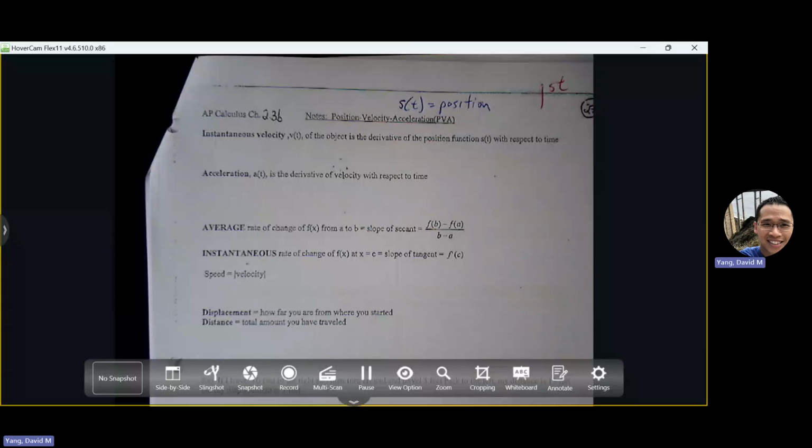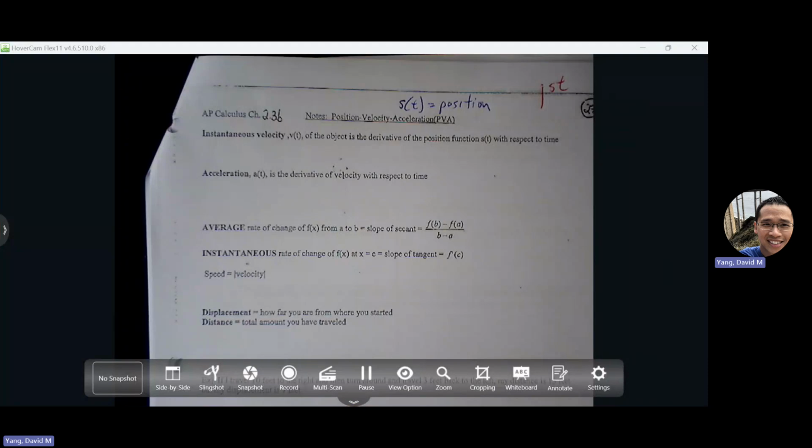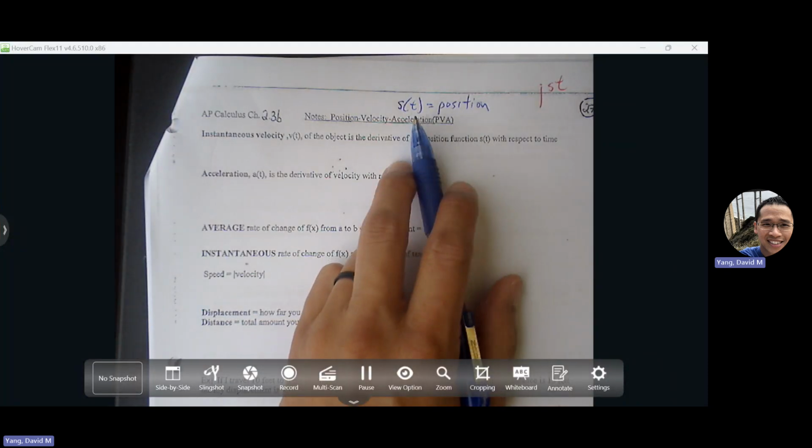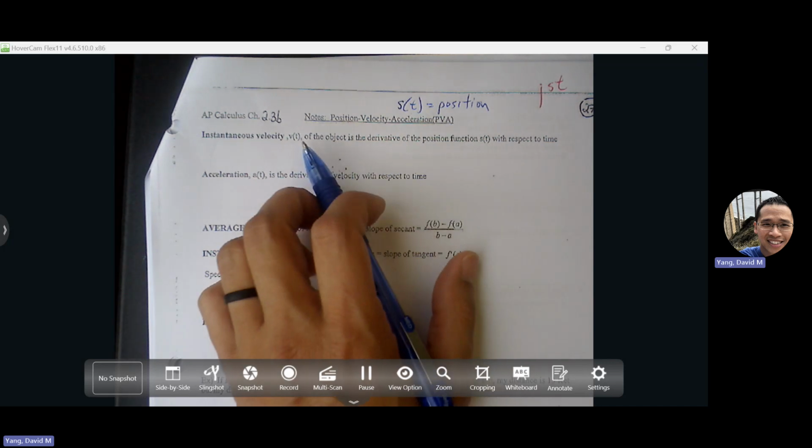So instantaneous velocity of the object is the derivative of the position function with respect to time. So if we let S of t represent position, think of your position function as your original function. It gives you the position of the object at any moment in time. And then the derivative would be velocity.